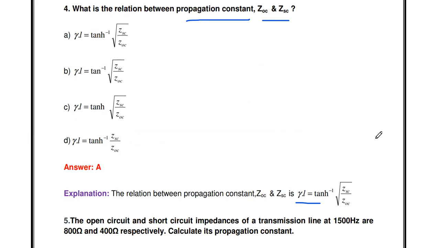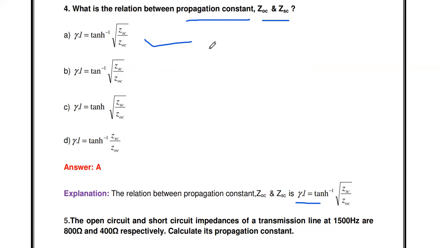So A is the correct answer. This is the relation between the propagation constant and these parameters.